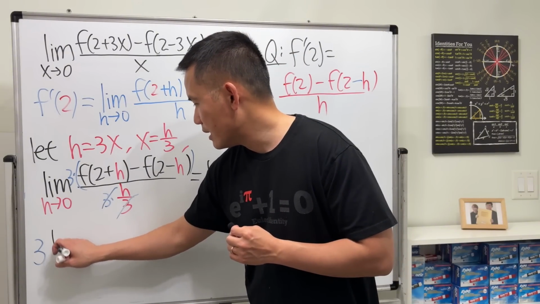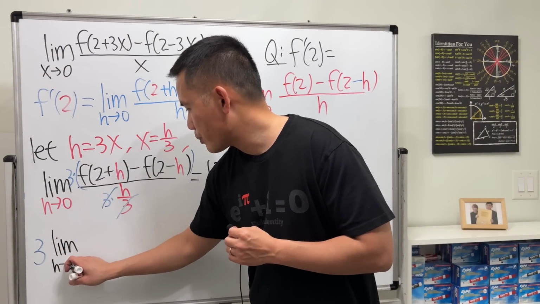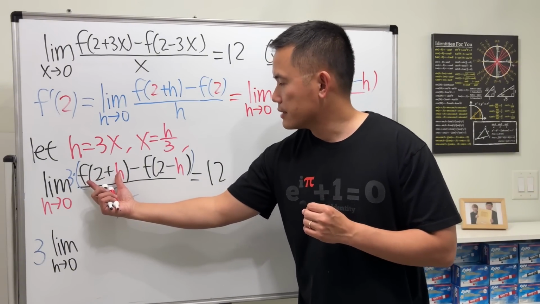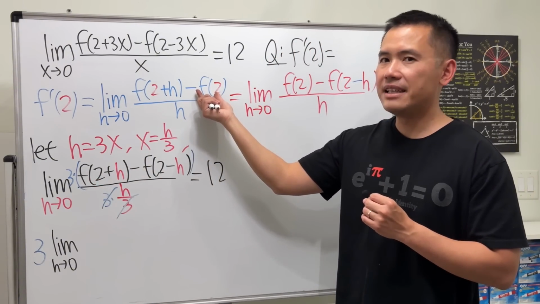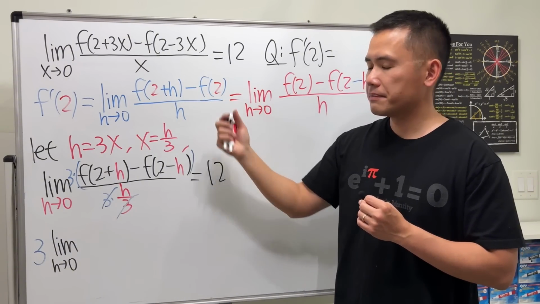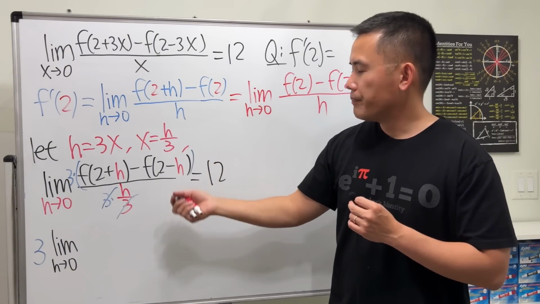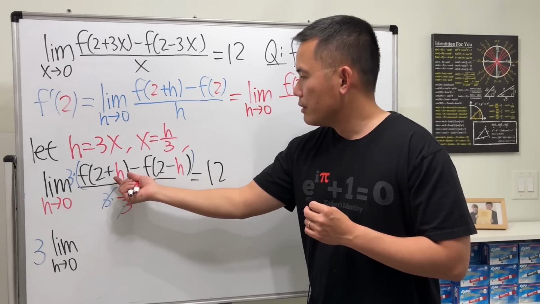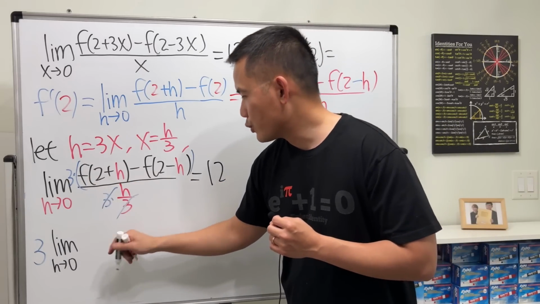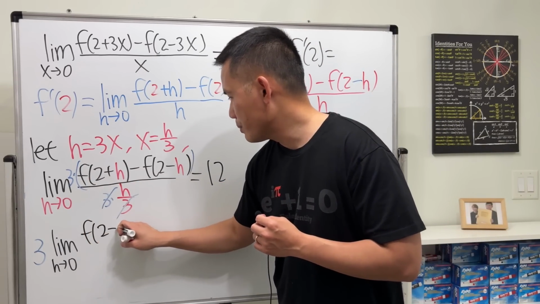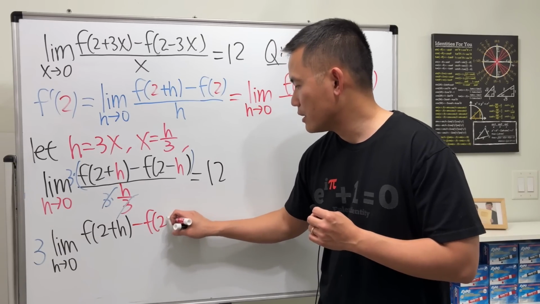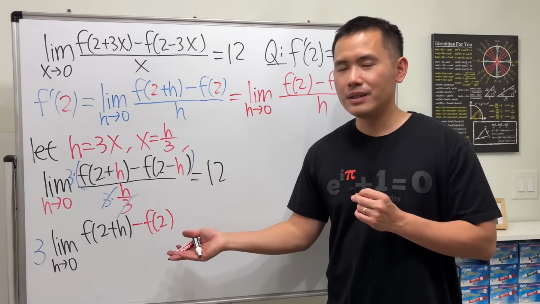And then we have the limit as h approaching 0. Now, for this, I really want to pair it up with minus f of 2. So I'm just going to write it right here, f of 2 plus h, and then let me just minus f of 2. Can we do that?